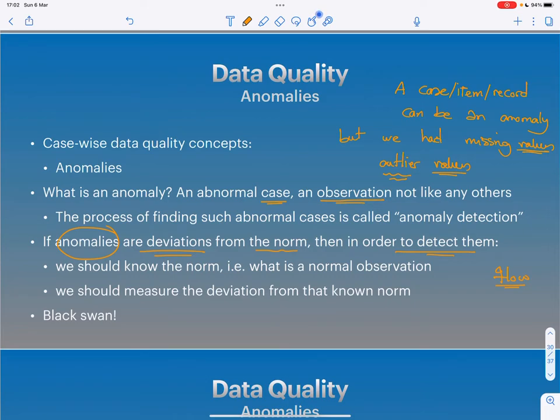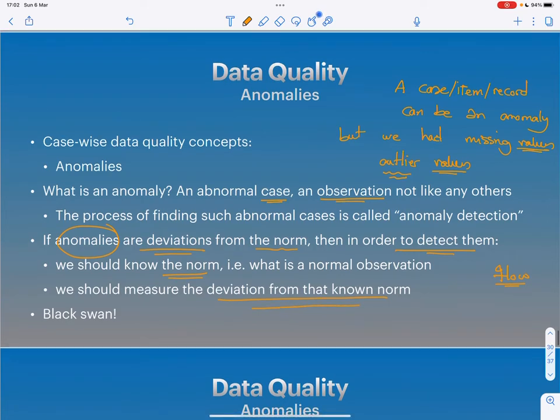So we should know the norm first. We should define a norm, and we should measure the deviation from that known norm. So this definition, these two things, this one and this one, is very similar to what we said about the outliers. But in the outliers, it was about values. So a norm in a variable and the values that are deviating from that norm. But here it's about cases.